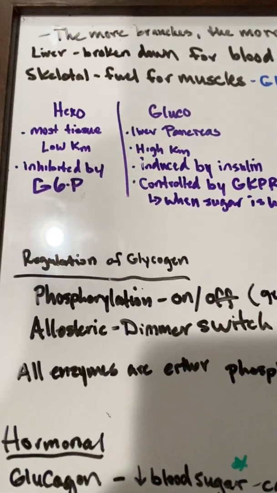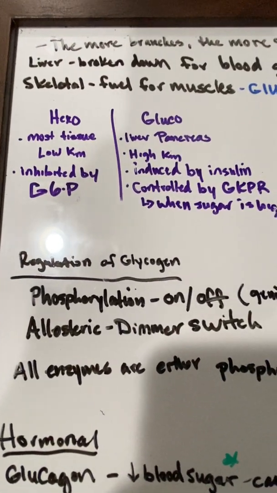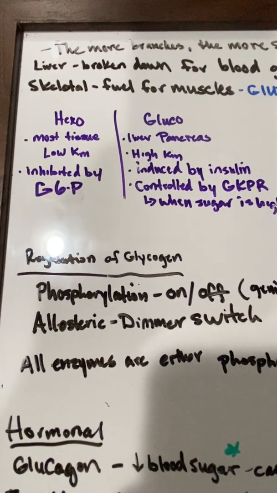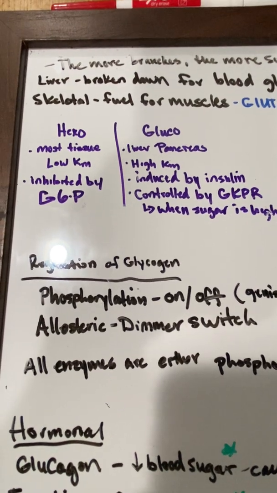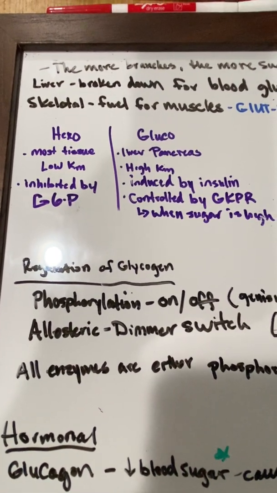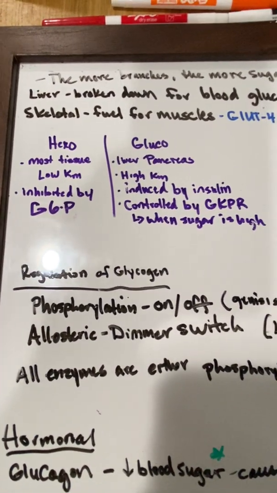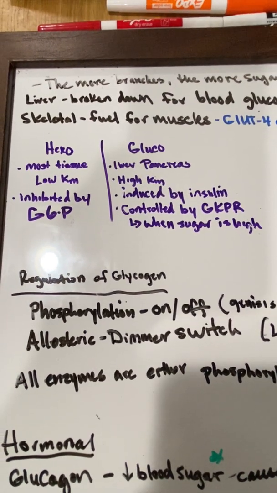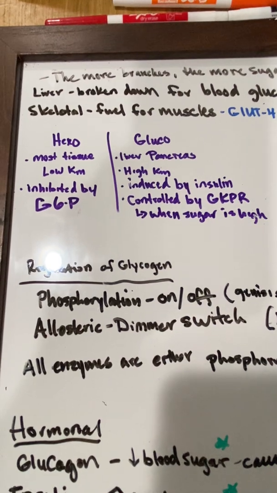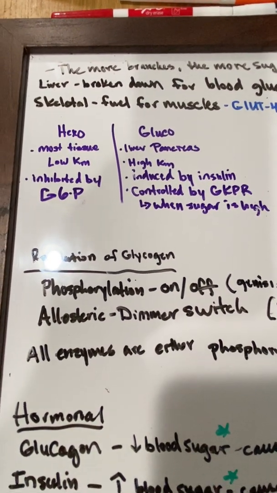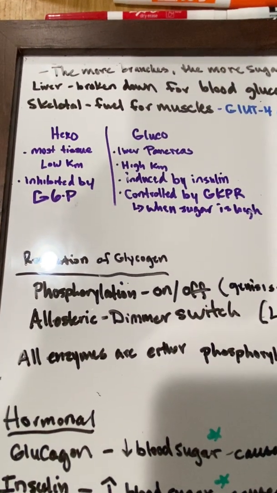Some more info. The hexokinase versus the glucokinase. Hexokinase is in most tissue. The glucokinase is mainly in the liver and pancreas. Hexokinase has a low Km, and glucokinase has a high Km, so it takes a larger concentration to activate each one.